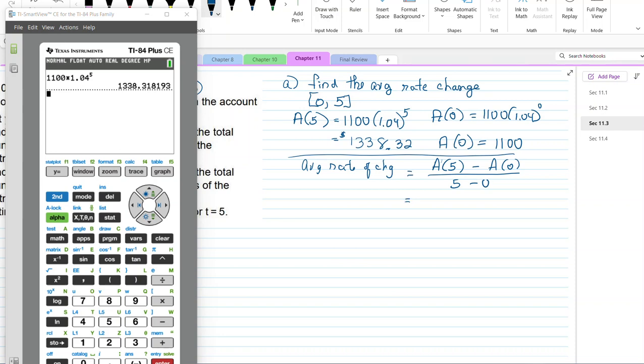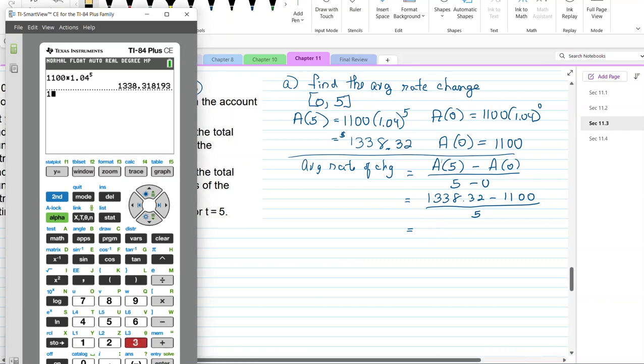So I'm going to put in my values. 1338.32 minus the 1100 of the initial, over 5. Let's see what I have. 238.32 divided by 5.